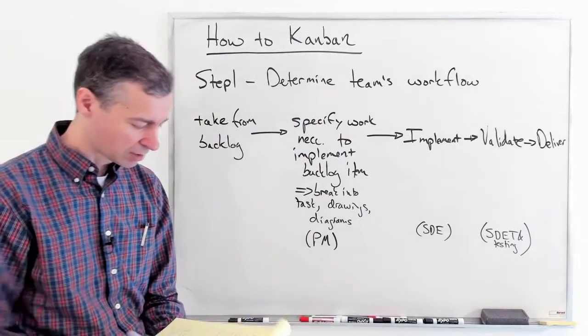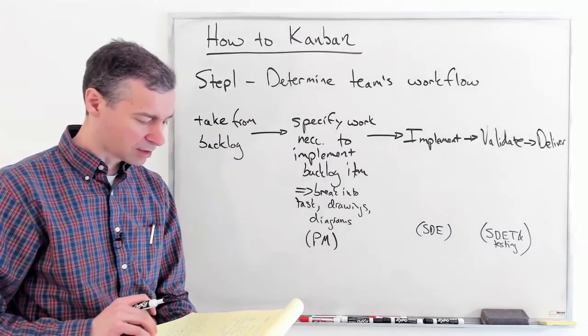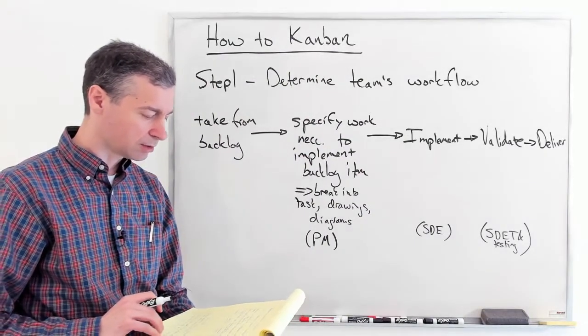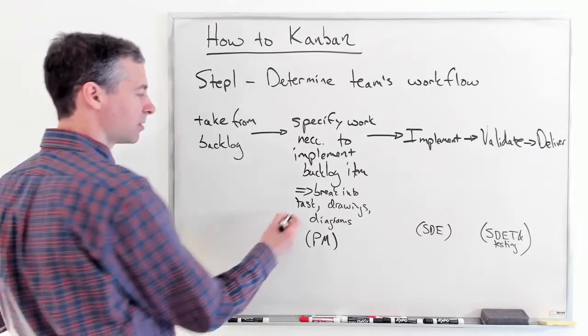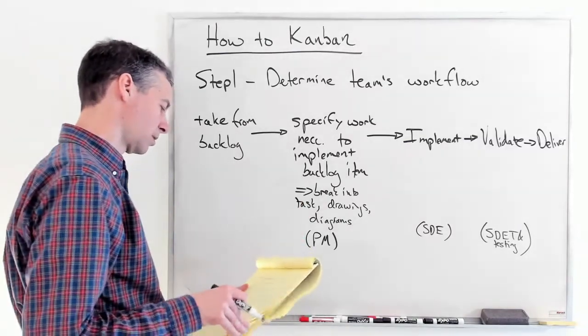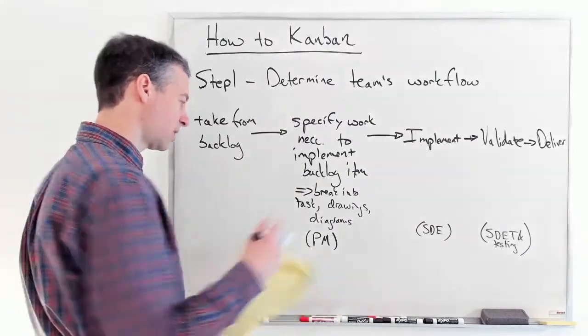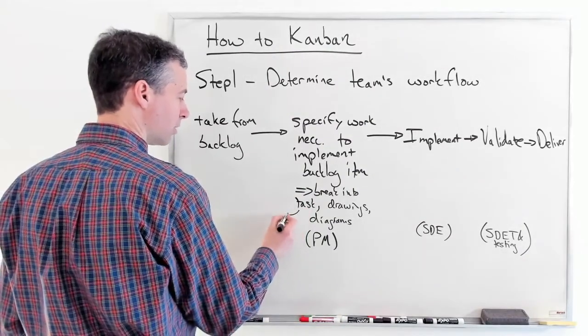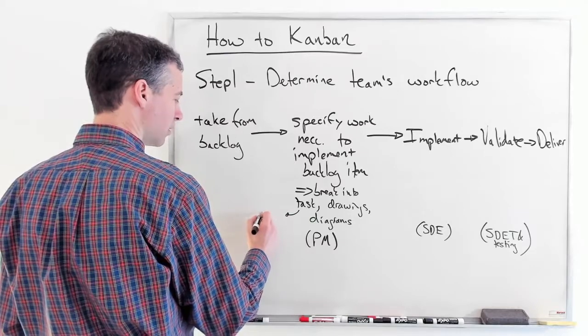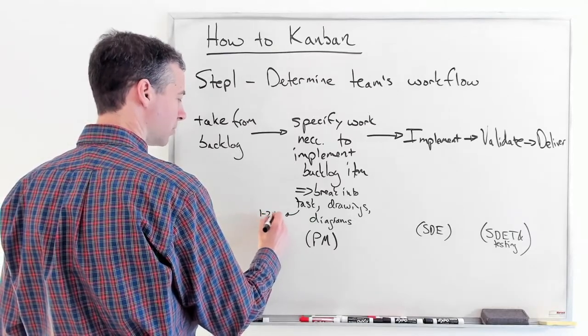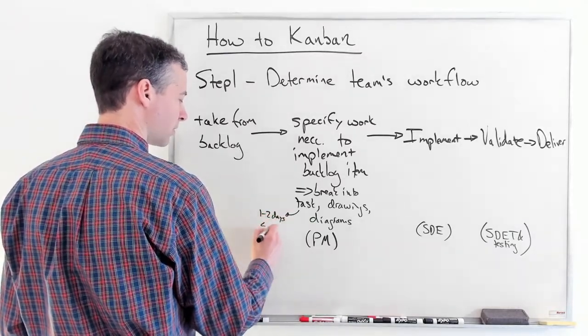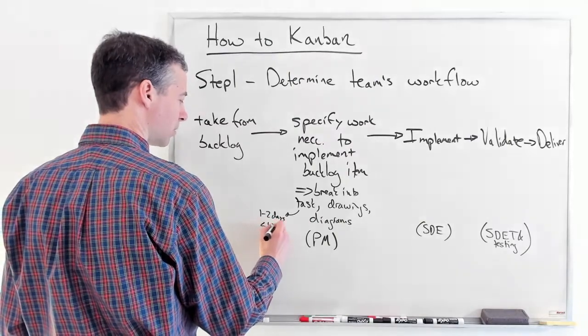All right. So that's the basic thing. By the way, these tasks, I'll just mention it here. In the real world, you might say these are 1 to 2 days, or something less than a week or whatever.